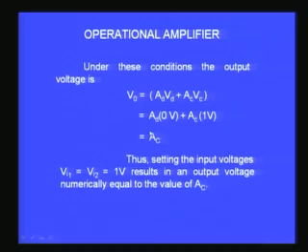So, if I give 0.5 and minus 0.5 for the two inputs, I get the output voltage in magnitude as AD. If I give 1 volt and 1 volt at the input, I get AC as the voltage at the output. So, this is one simple way to measure AC and AD.